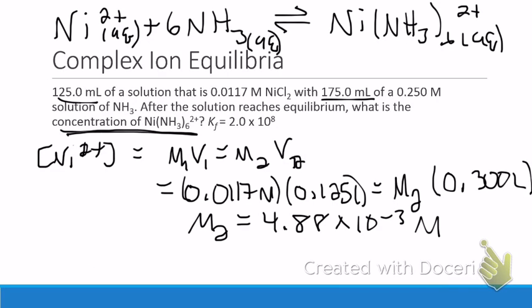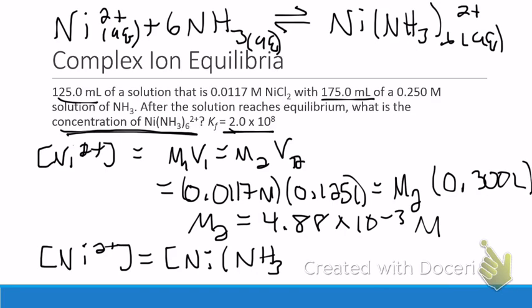In this case, because this formation constant is so large and there's clearly much more ammonia than there is nickel, we start with 0.25 molar ammonia versus 0.0117 molar nickel. We can say that all of the nickel present is going to be converted to our complex ion, and therefore the concentration of our complex ion is going to be equal to the concentration of nickel.